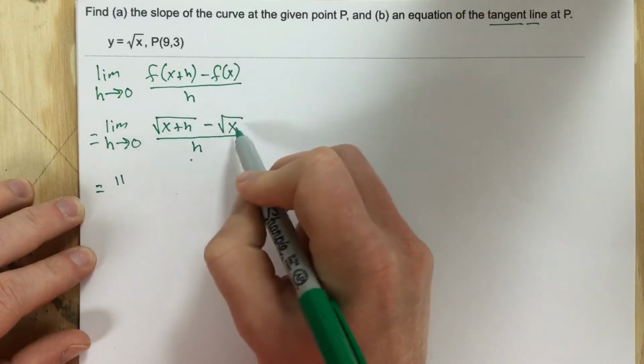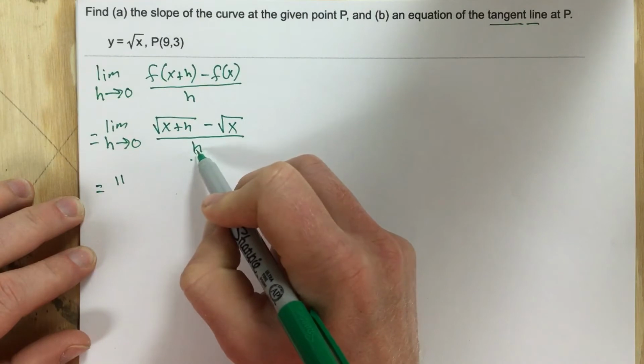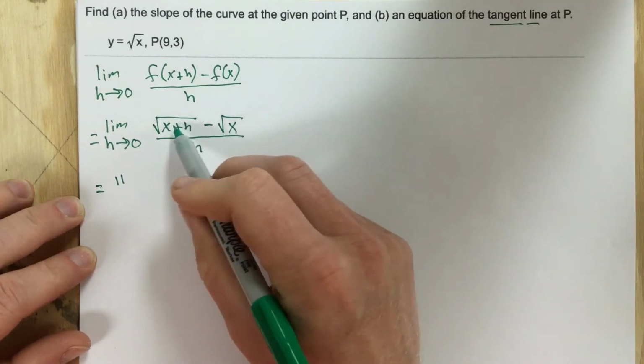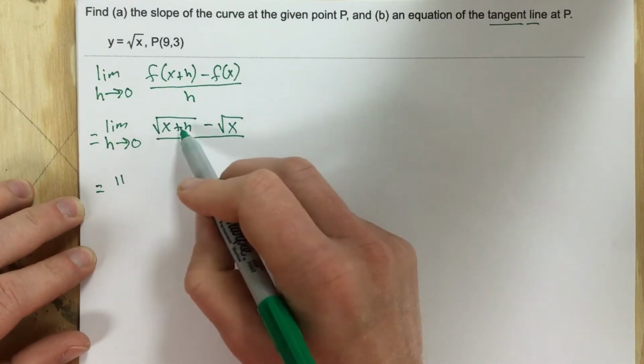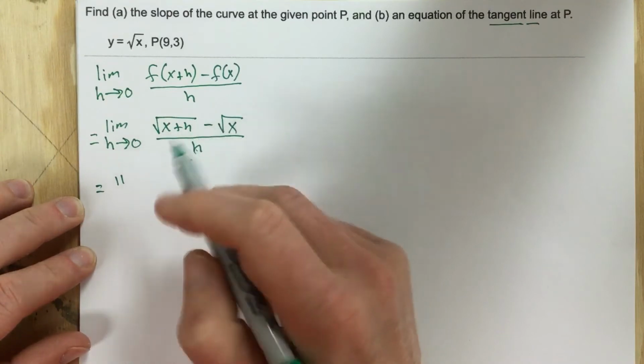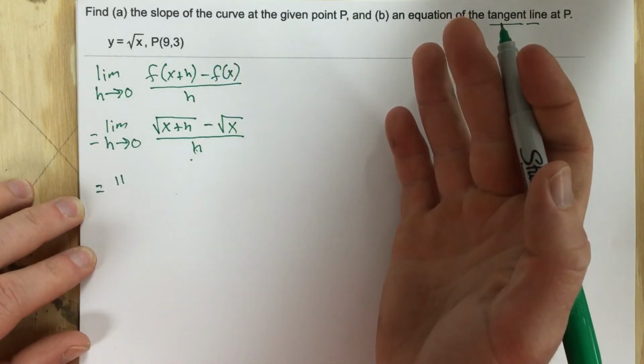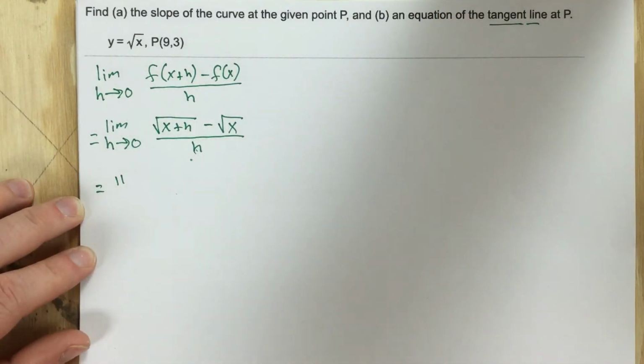I need to get rid of these roots because my goal is to cancel the h. I think whenever I see a radical and then obviously two terms here, I'm thinking conjugate. I think I need to multiply by the conjugate.